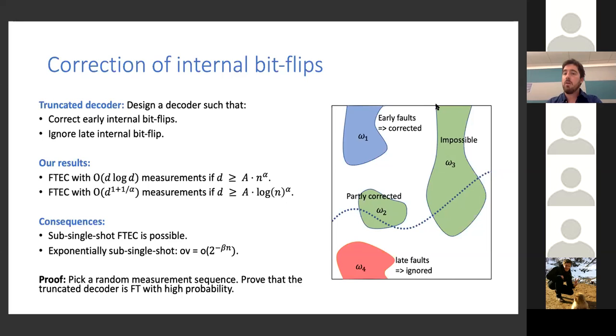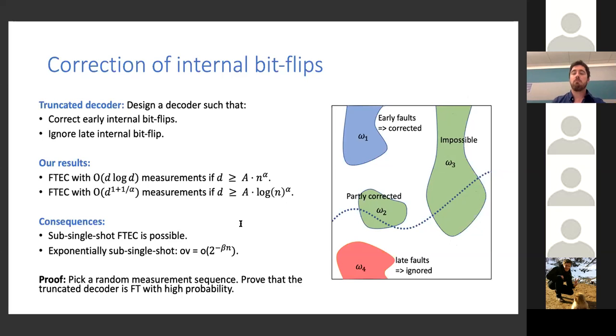And we design the decoder and the sequence in such a way that we cannot have input errors that cross the boundary of the early region. So if an input error appears, the whole error and all the faults that are connected and related to this input error will be corrected.